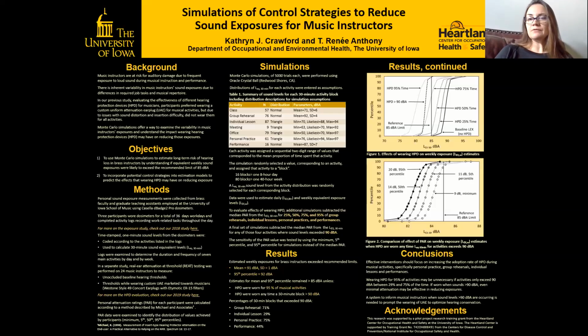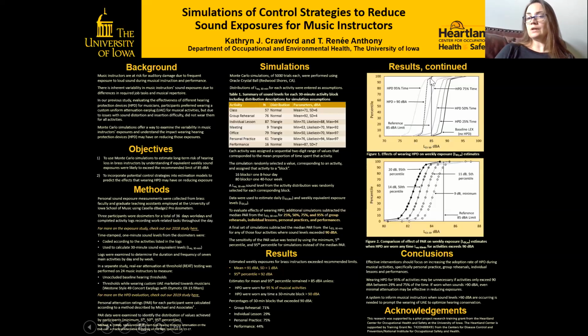And as you can see from figure 1, this is the comparison of the different outputs we get. So the baseline exposure for weekly estimates is over here on the far right side. And then as we increase the amount of time that these folks are wearing hearing protection devices, we can see that that estimated weekly exposure distribution is getting pushed farther and farther to the left.